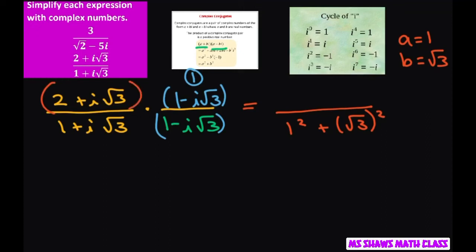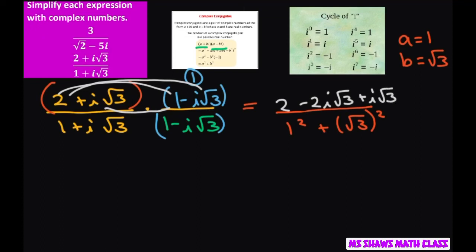So you're going to get 2 times 1 is 2, plus 2 times that, it's going to end up being minus 2i square root of 3. This one's going to be plus 1i, so just write i square root of 3. And finally, the last term is going to be minus i squared times square root of 3 squared, because you're squaring both of those.